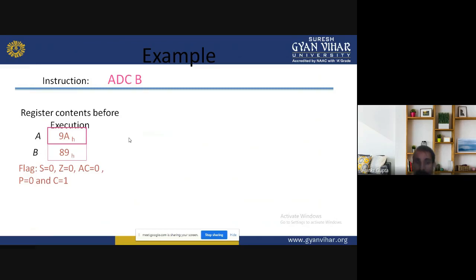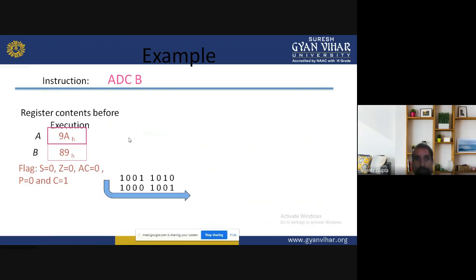In the B register, 89 is transferred. Now it comes to ADC B. So the accumulator data, the B register data, and the previous carry will be added. If the previous flag has carry 1, that is also added to our result.